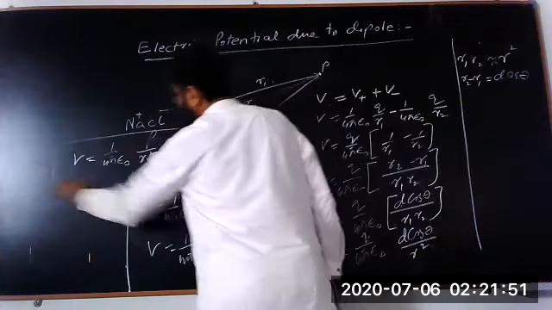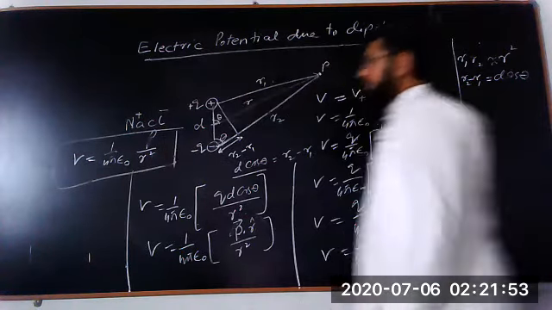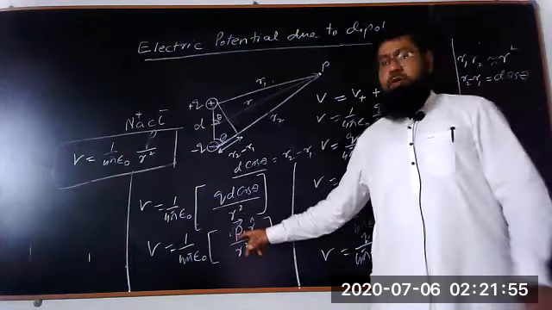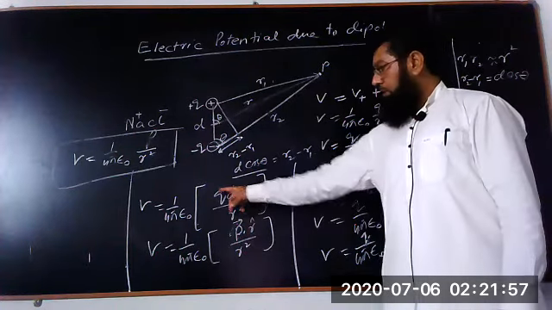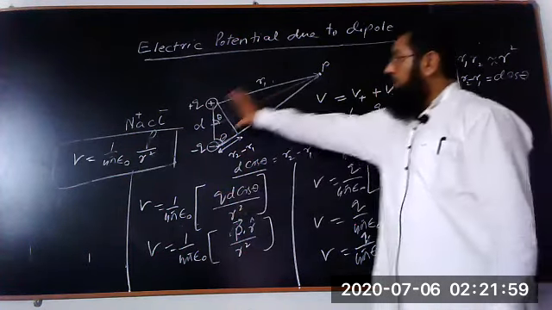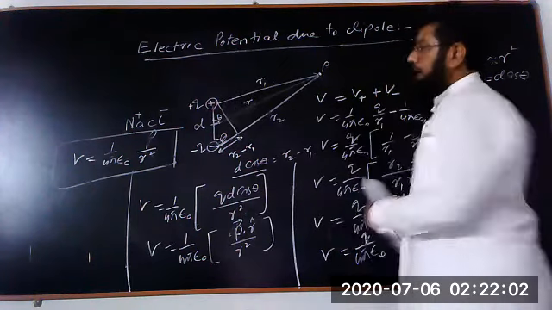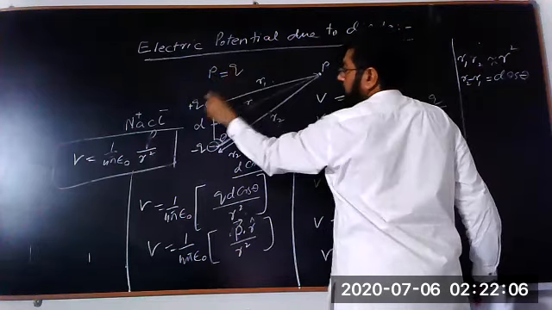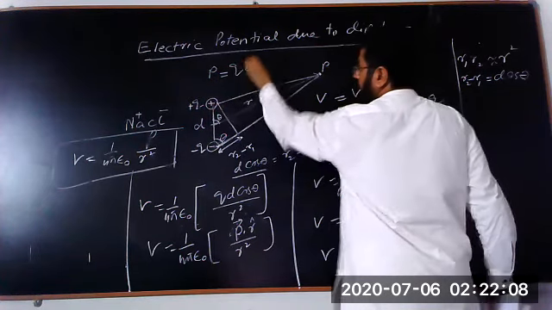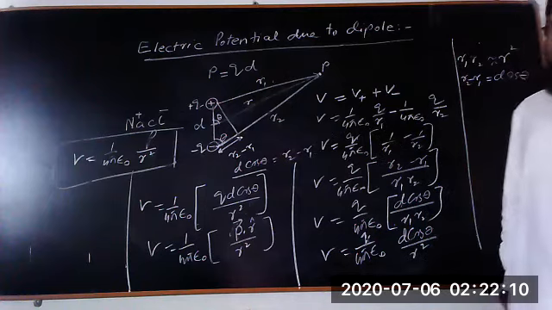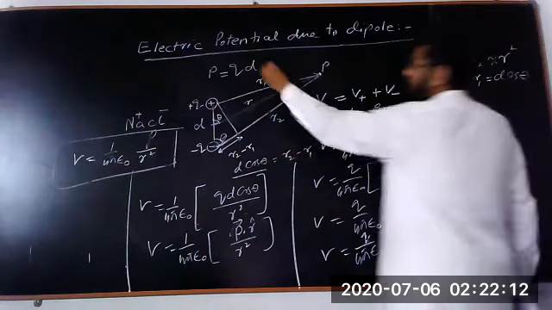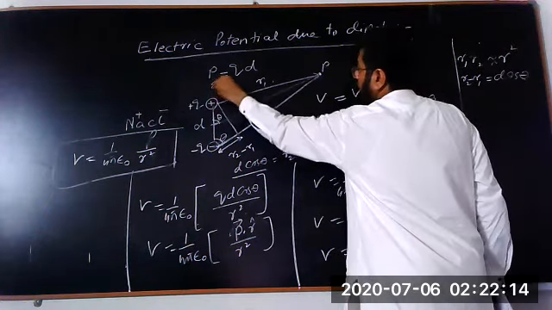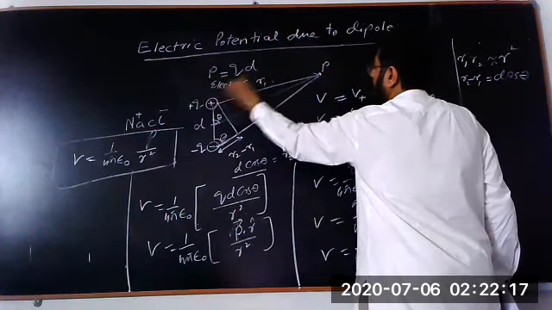So this is the potential due to the dipole, and P is known as the electric dipole, which is the product of the charge and the separation between the charges. Electric dipole P is the product of any charge multiplied by the separation. This P is known as the electric dipole.